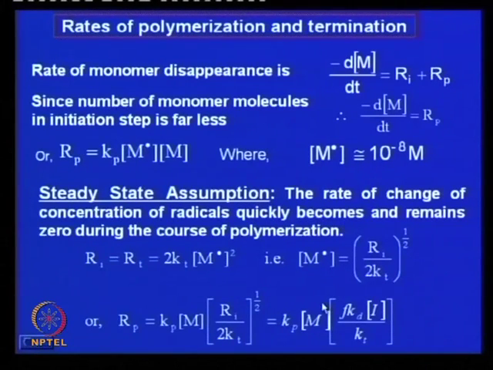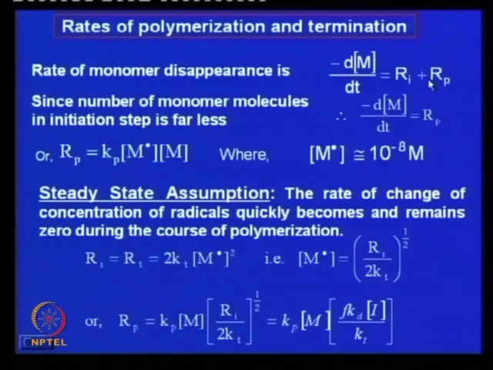So, what will be the rate of polymerization? Now, the rate of polymerization depends on this monomer disappearance. The monomer disappearance rate is expressed as minus dM/dt, where M is the concentration term, that is the sum of two rates, rate of initiation of monomers as well as rate of propagation.